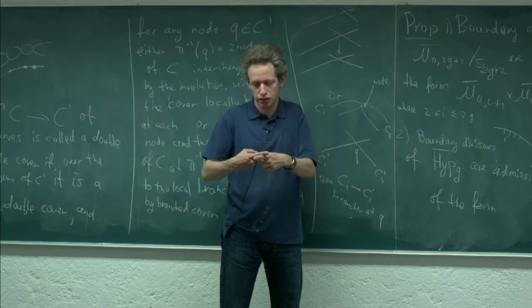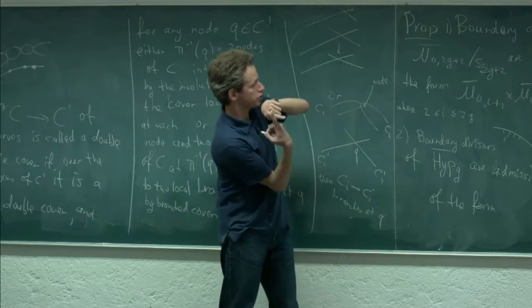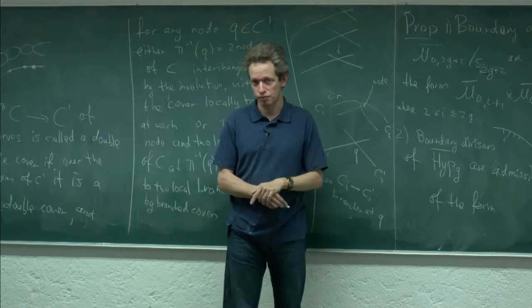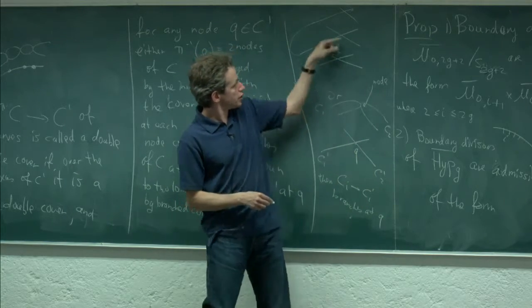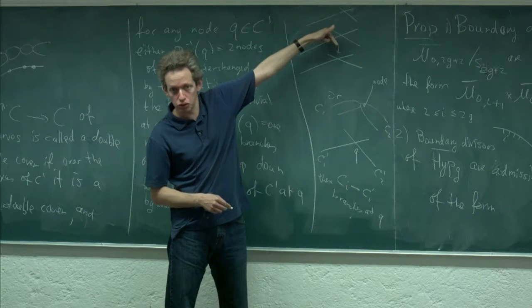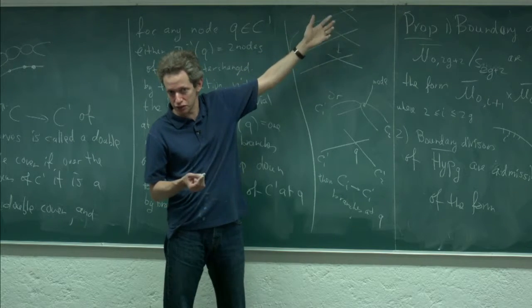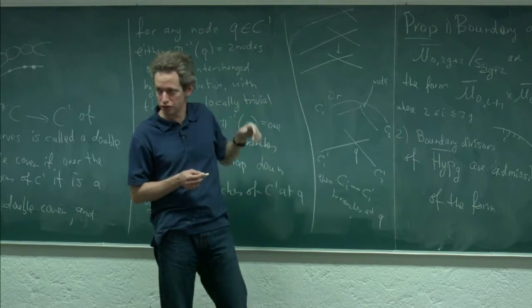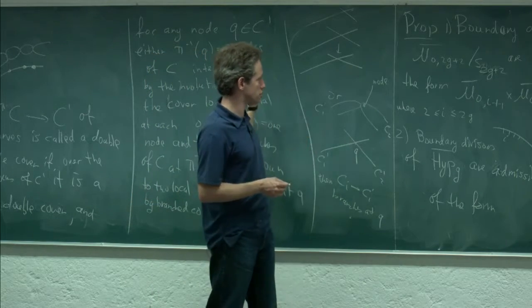One thing it can do is it can fix the node and interchange the two branches. This does not happen. Okay? So here, the involution interchanges two nodes, and then that's it, right? Whatever I wrote about locally trivial follows from the fact that it interchanges two nodes, just to explain what it is.